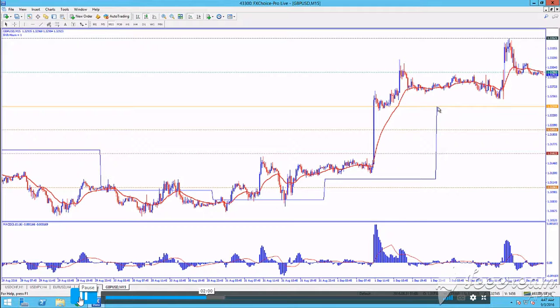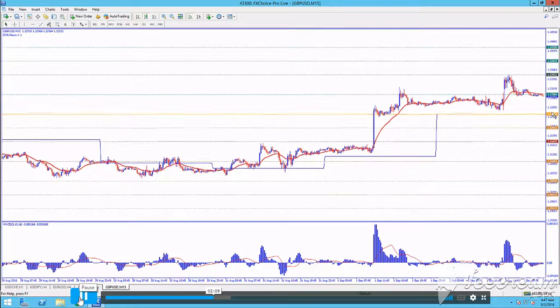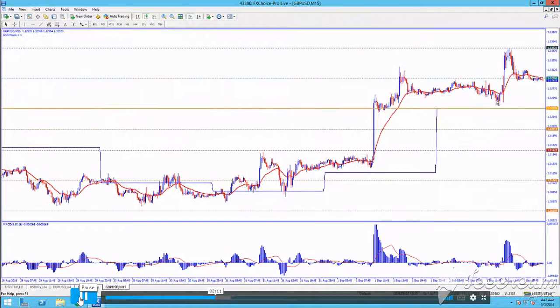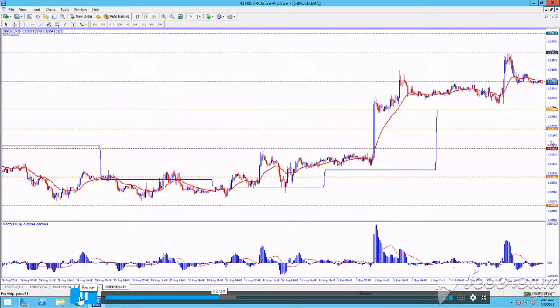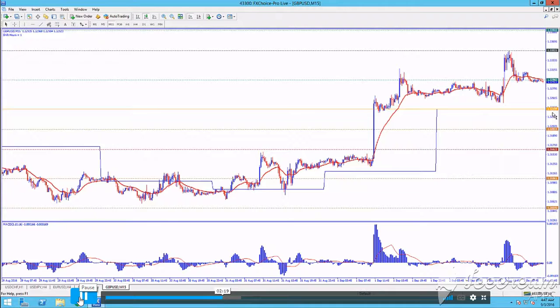So what this looks like, it draws it lagging from the prior day. What you have here is your pivot level and your levels in between, your first, second and third support and resistance.